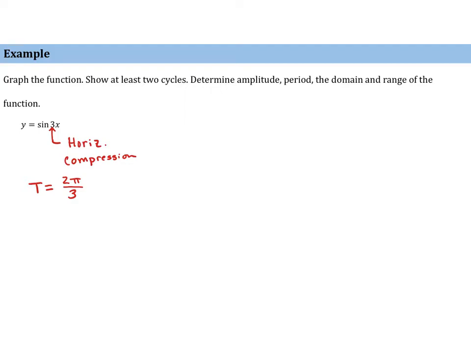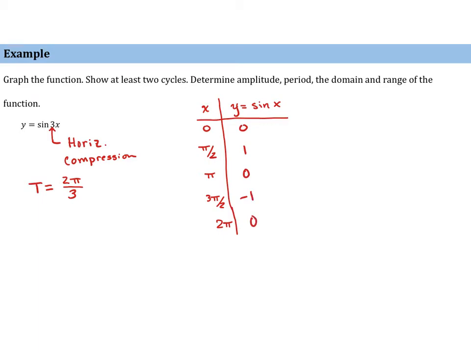So let's look at our table of values that we originally had. We had x and we had y equals sine of x. And we'll see how this table changes for our function. So we had 0, pi over 2, pi, 3 pi over 2, and 2 pi. Our sine function, our parent function, starts at the line of oscillation and increases and goes back and down and back.